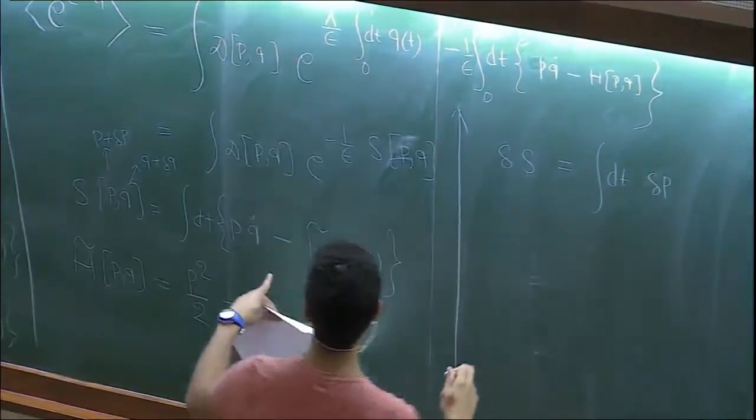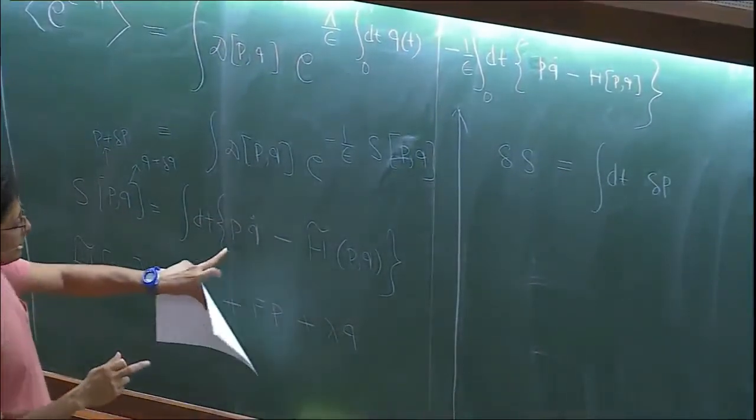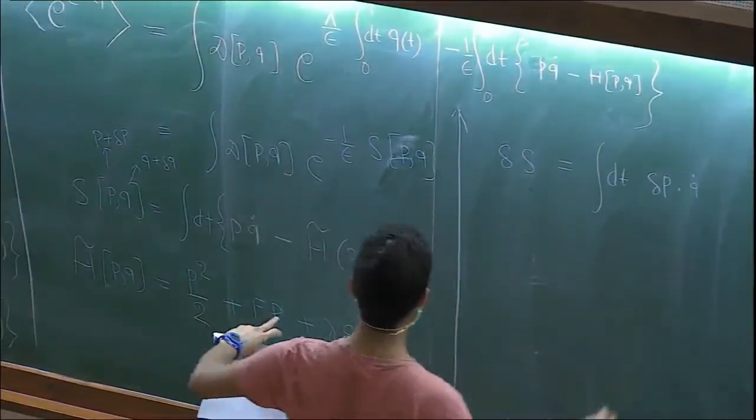First, let's look at all the terms that will change due to P plus delta P. So this term would change: the change would be delta P times Q dot.